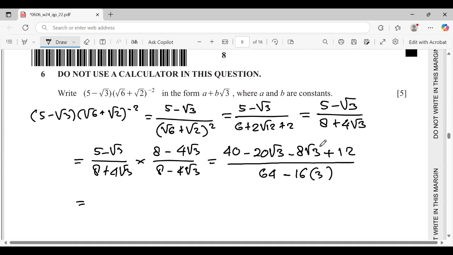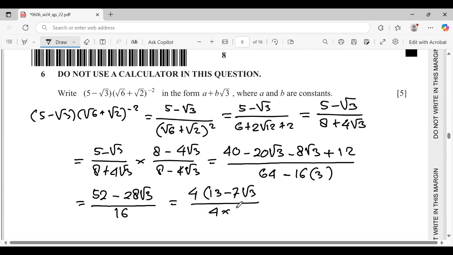So 40 plus 12 is 52, 52 minus 28 root 3, over 64 minus 48, which is 16. After that, I would like to factorize: 4 times (13 minus 7 root 3) divided by 4 times 4. The result is 13 over 4 minus 7 over 4 square root 3. This is the solution.